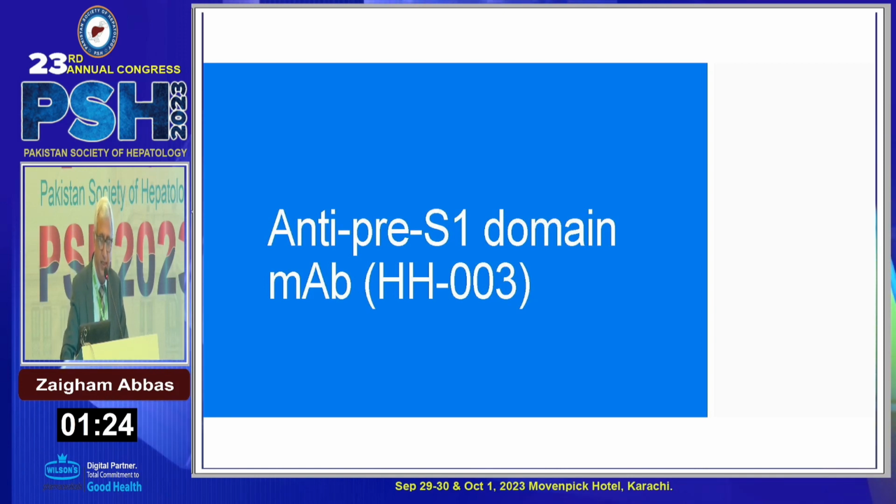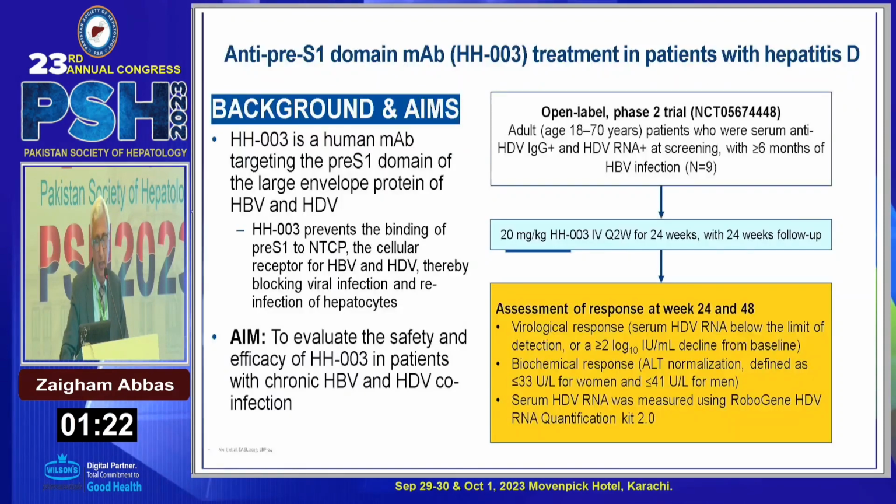This is HH003, a drug that acts on the pre-S region of the surface antigen, which covers the delta hepatitis virus as well. And if these monoclonal antibodies effectively cover the pre-S region, then the virus will not be able to enter the hepatocytes.